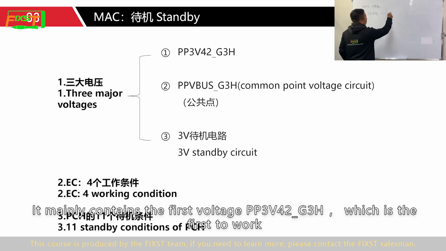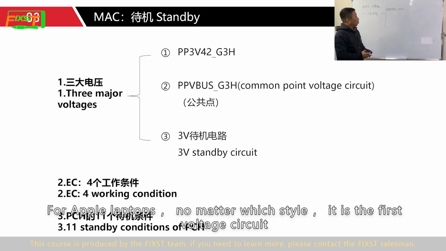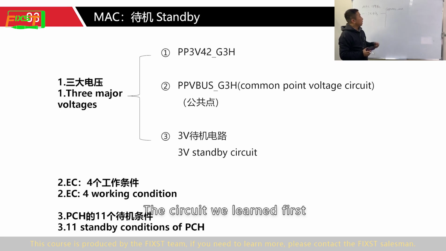It mainly contains the first voltage, PP3V42_G3H, which is the first to work. For Apple laptops, no matter which style, it is the first voltage circuit, the circuit we learn first.